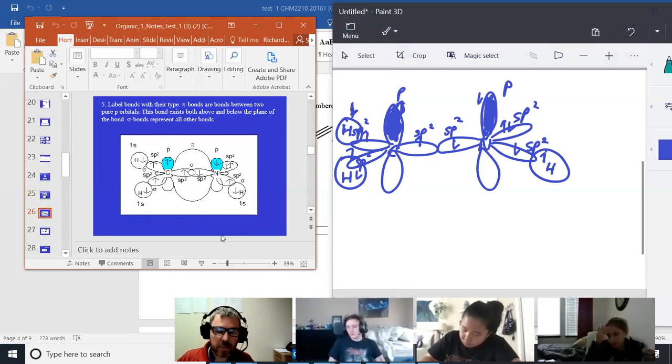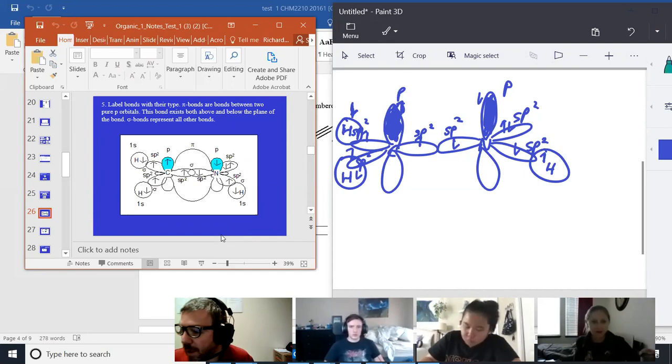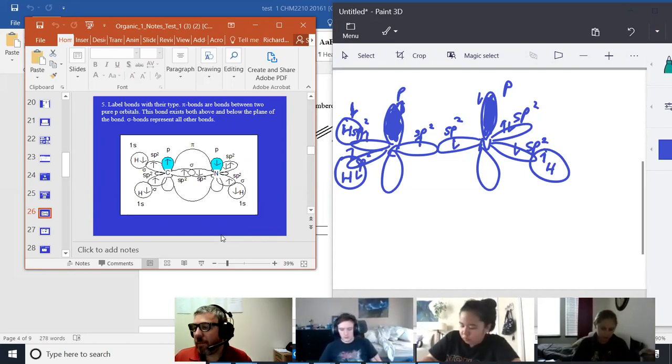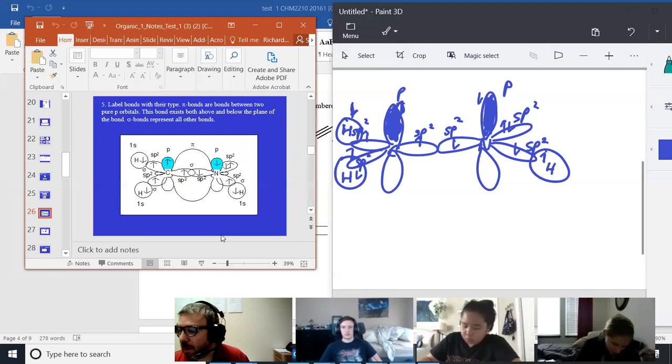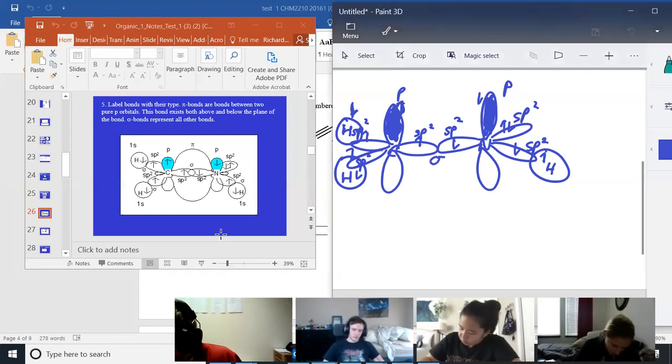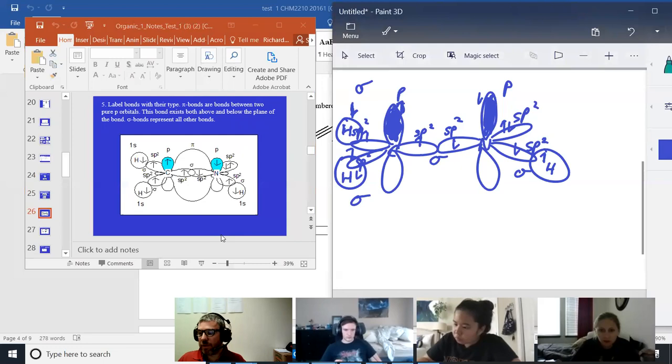Okay. I haven't talked about the sigma and pi bonds yet, but every bond in here, except for something between 2 separate p orbitals, is always going to be what we classify as a sigma bond. And that's what I mean by sigma. This little O thing with a tail on it is a sigma bond.